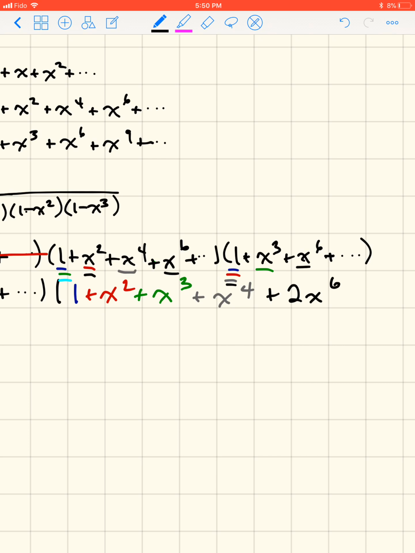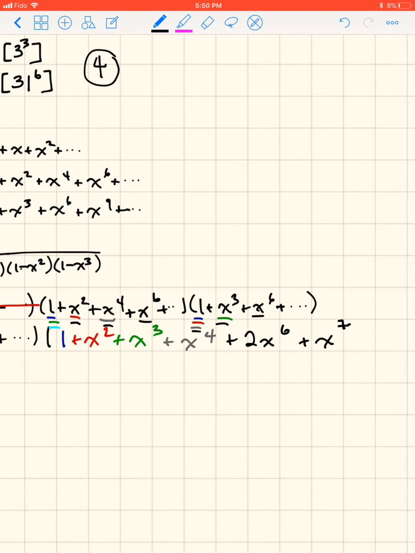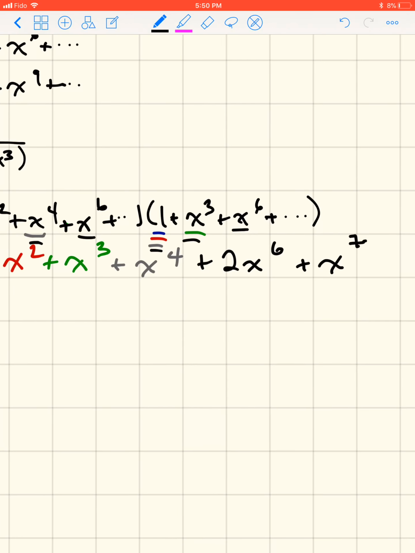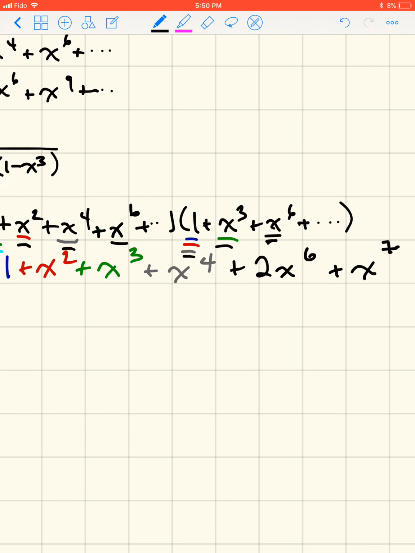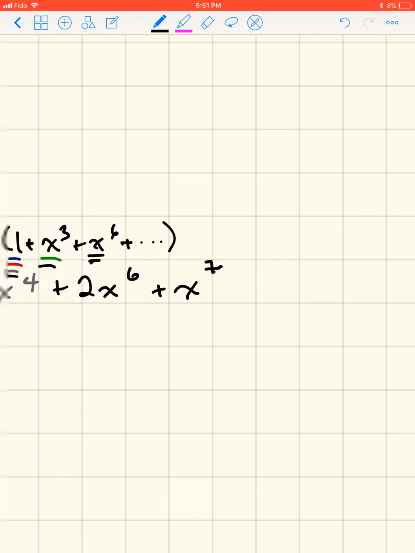I'm missing an x to the 7 because x4 and x3 would make x to the 7. So which ones can we use to get an x to the 8th? There's a 6 here and a 2 here, so that's one of them. A 3 here, but no 5 to go with it. A 1 here and an 8 here. So two ways of getting x to the 8.